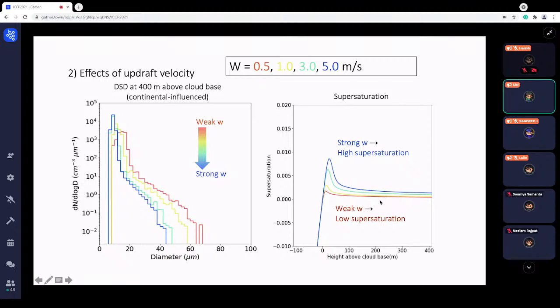Therefore, the overall effect is that weak updraft has a higher growth rate with respect to height, producing relatively large droplets and a wider distribution. This indicates that growth of big drops may be less susceptible to supersaturation and more sensitive to the in-cloud residence time.